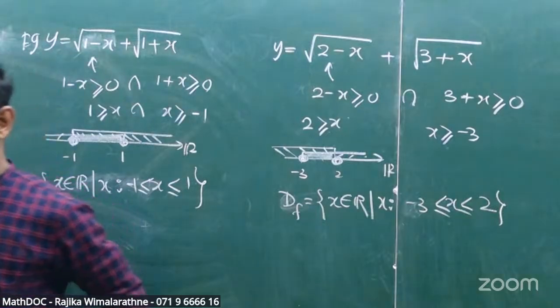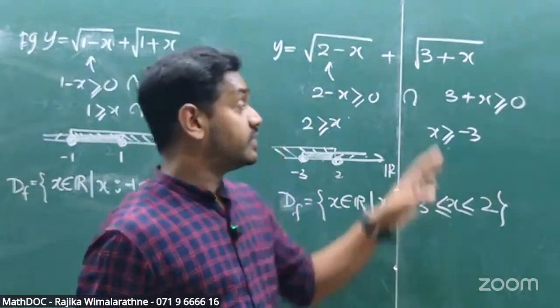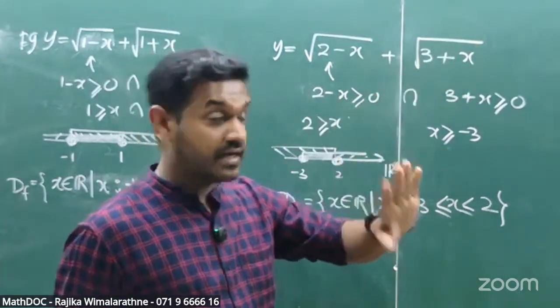Do it. Okay, here you clear this one. Within this square root the value must be positive and within this square root the value must be positive.